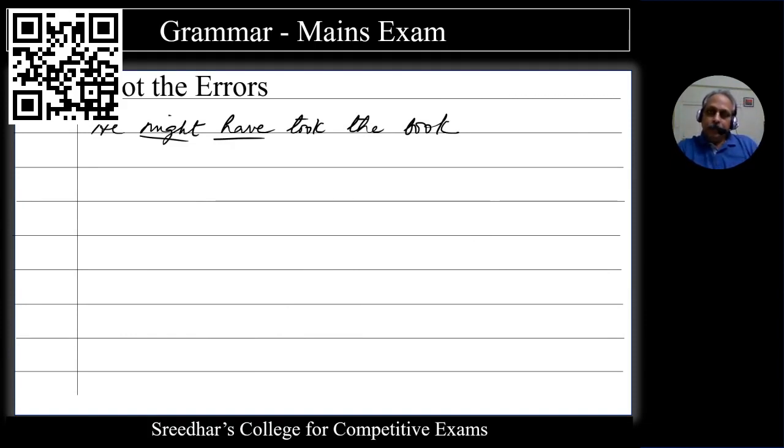The main verb should always be in the past participle form. So this sentence is wrong. Why is it wrong? The verb is not in past participle, it is in past form. So wrong. He might have taken the book. Now let us go to tenses. I have touched parts of speech, articles, helping verbs. Tenses at random, important rules.